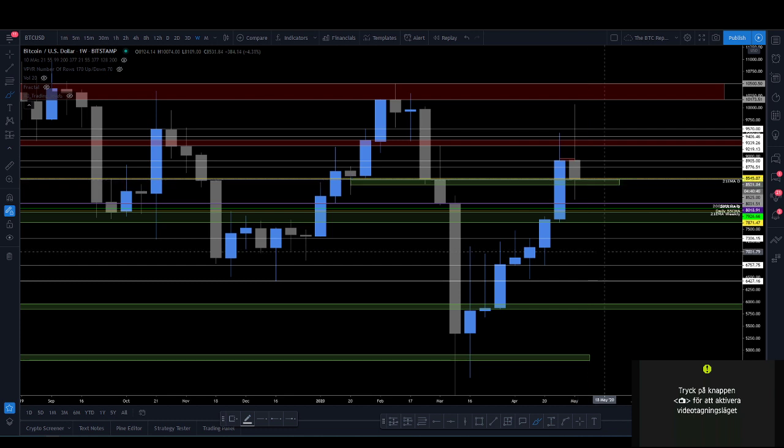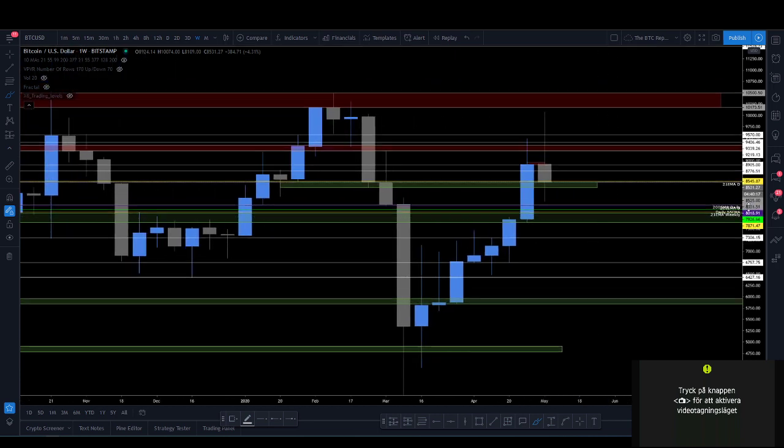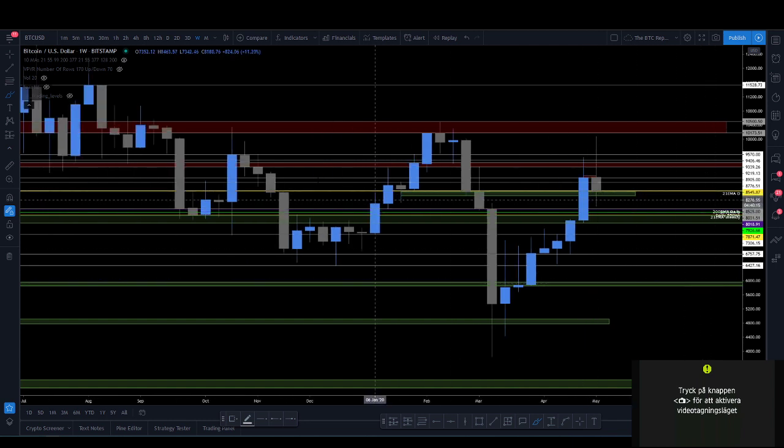We got it in 4 hours, and it's definitely a possibility. If we close the weekly below this green box support, which is around 8.4, so above 8.5 bullish, below 8.4 bearish, and the next level ahead below is between 8,000 and 8,700. And so that's basically what I'm looking at on Bitcoin.